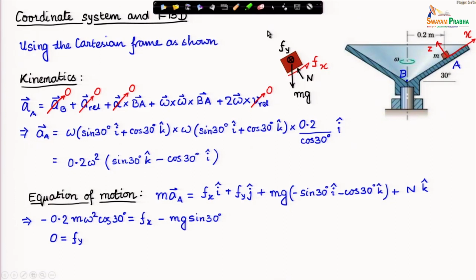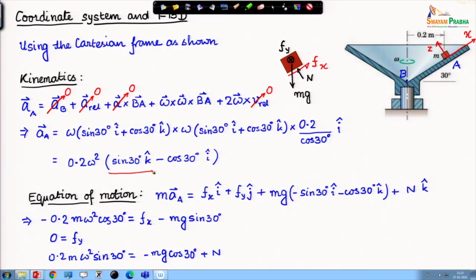I will not assume or choose a priori. Then comes the k cap equation. We have in the k cap direction here in the acceleration a term, mass times that term must be equal to all forces in the k cap direction. K cap direction I have these two forces. So, that is the k cap equation.